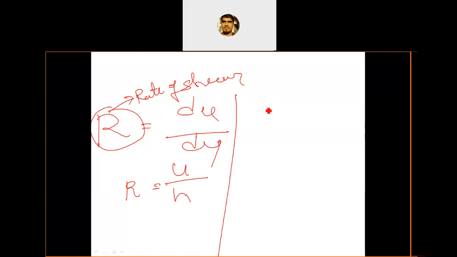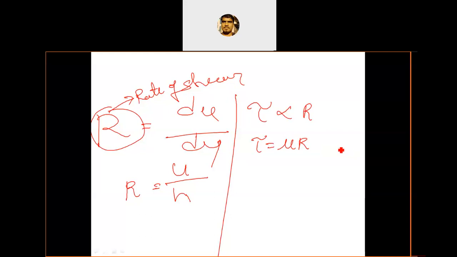we know that shear stress is directly proportional to rate of shear. Then this proportionality constant we can replace by mu into R. Mu is the constant of proportionality.